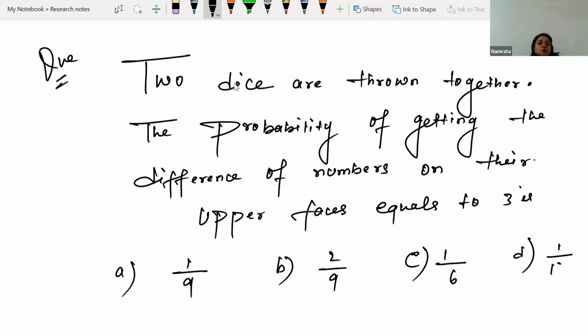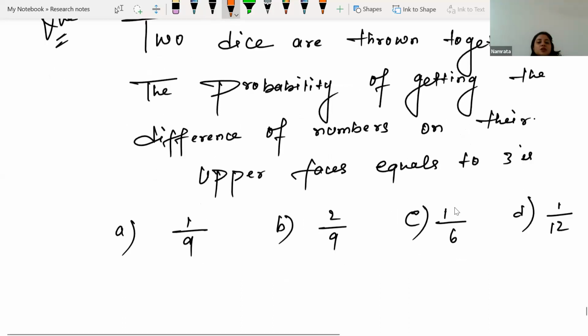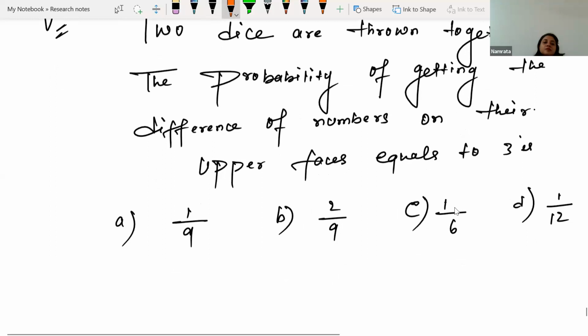So we are throwing two dice. On the first die the number can be 1, 2, 3, 4, 5 or 6. On the second die also it can be 1, 2, 3, 4, 5 or 6.